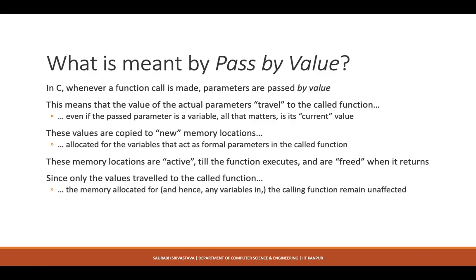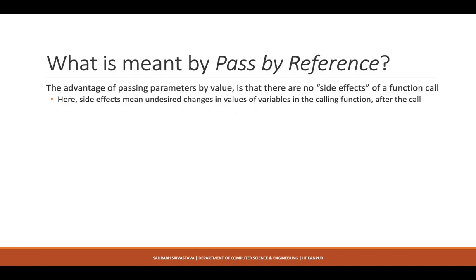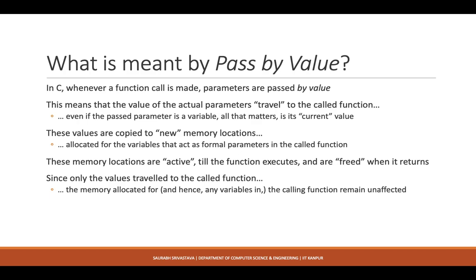Since the only things that mattered in such a case are the values, and the values traveled to the called function, the memory allocated for any variables in the calling function remains unaffected by this whole process. So this is why we say that these are pass by value, because everything that is traveling is just values.